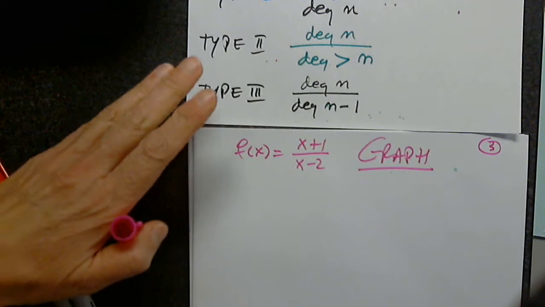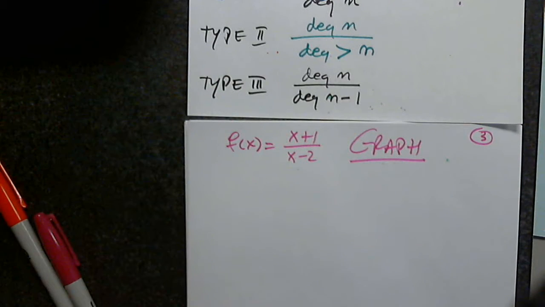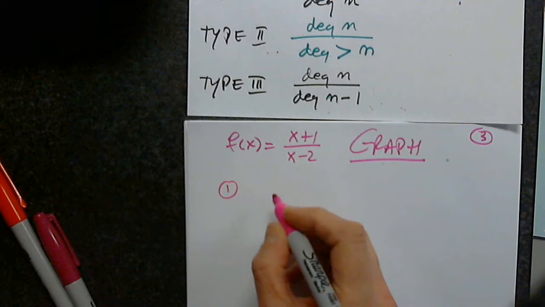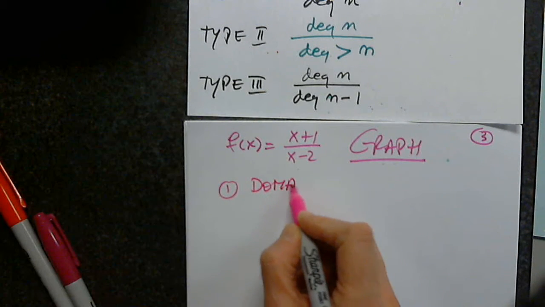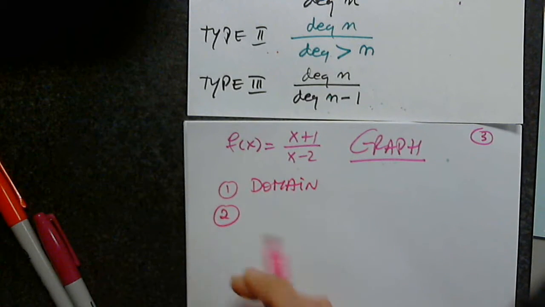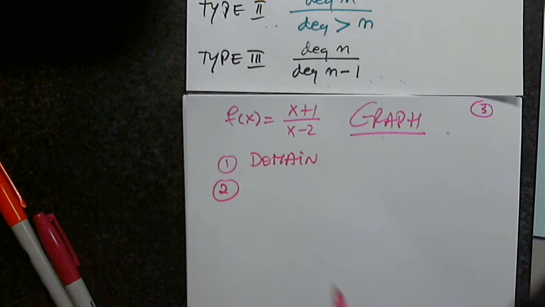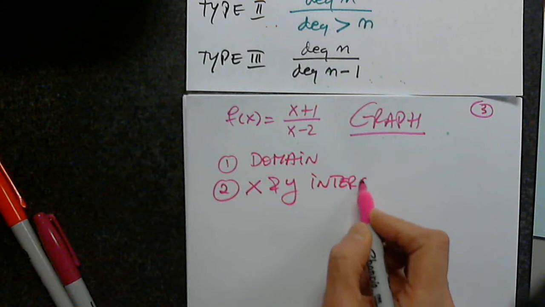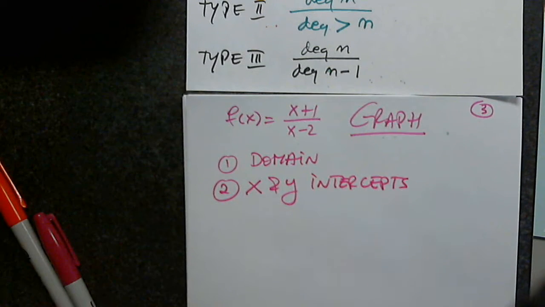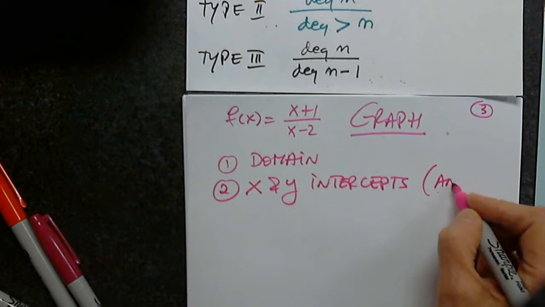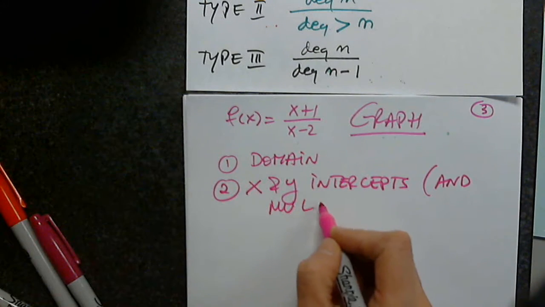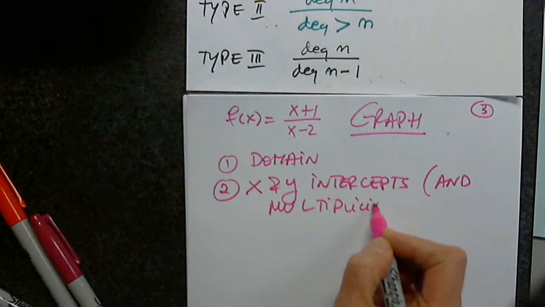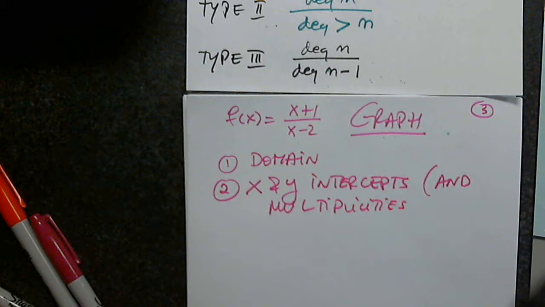So here's the list that I have to go through before I graph a rational function. 1. Domain. 2. X and Y intercepts, and in parentheses, multiplicities, for which of these two?